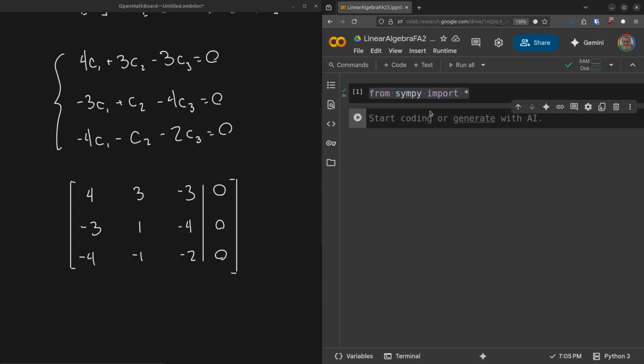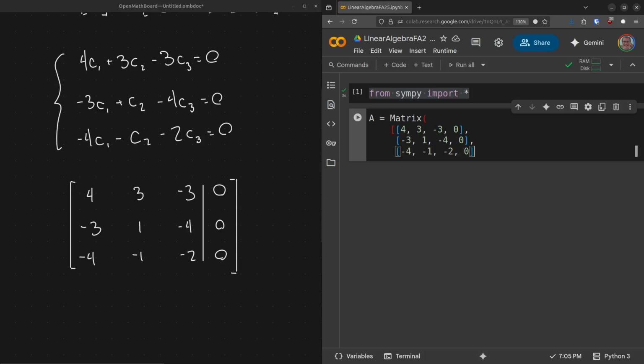Again, I'm going to use the computer, so I won't have to think too hard. First row is 4, 3, negative 3, 0. Second row is negative 3, 1, negative 4, 0. And last row is negative 4, negative 1, negative 2, 0. Let's get A in reduced row echelon form.